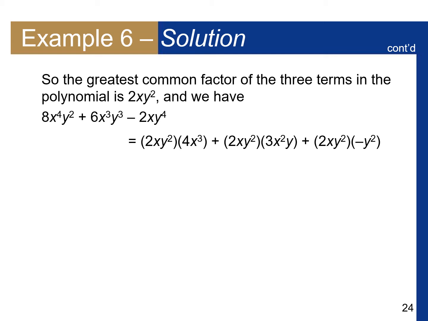But if I have 8x to the 4th y squared, let's see, I'm going to put this here. My 8 is 2 times 2 times 2. And then my x to the 4th will be 4 x's. Sorry about my sloppy writing.